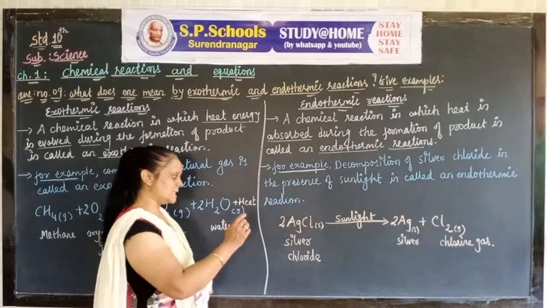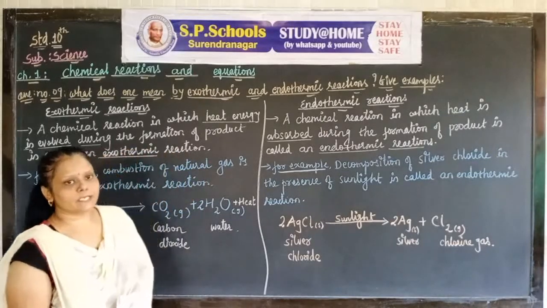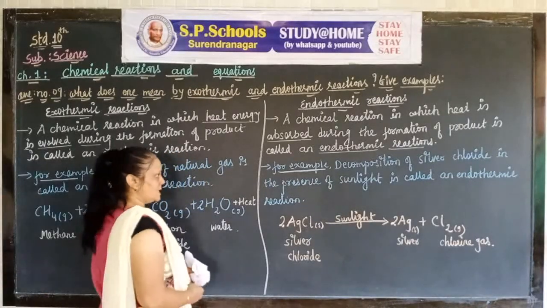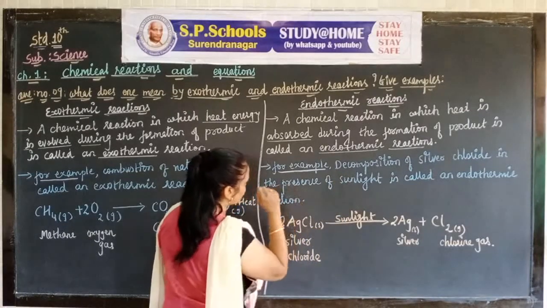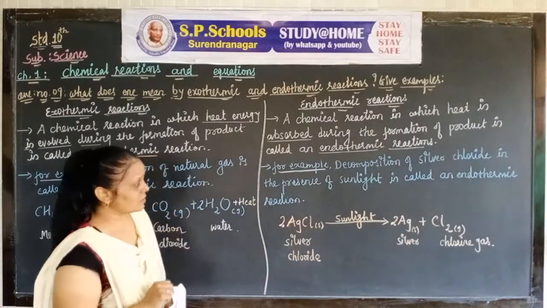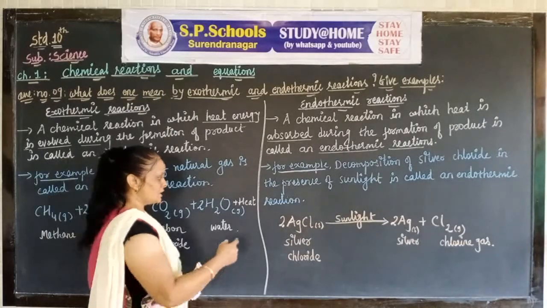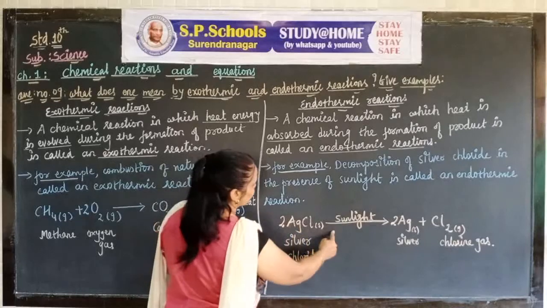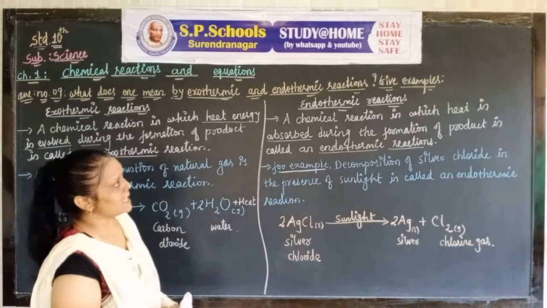So it is also an example of endothermic reactions. But we take here decomposition of silver chloride in the presence of sunlight as an endothermic reaction: 2AgCl, in presence of sunlight, gives 2Ag plus Cl2.